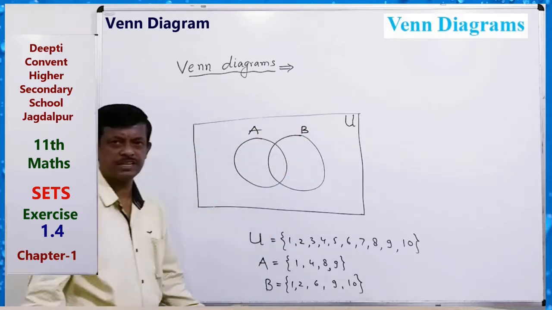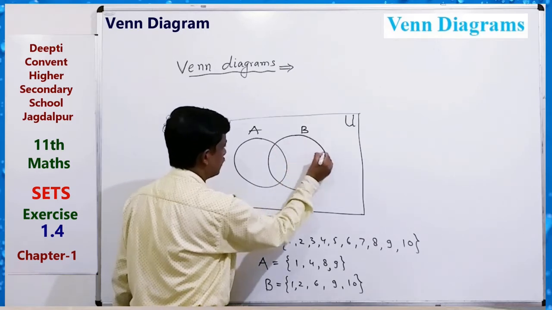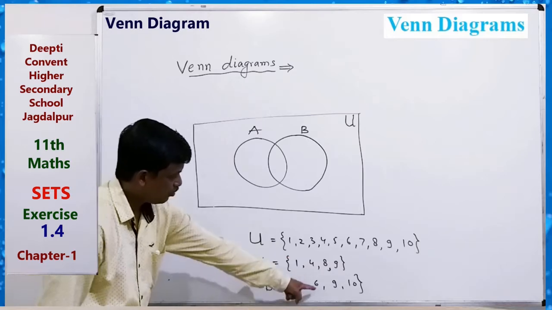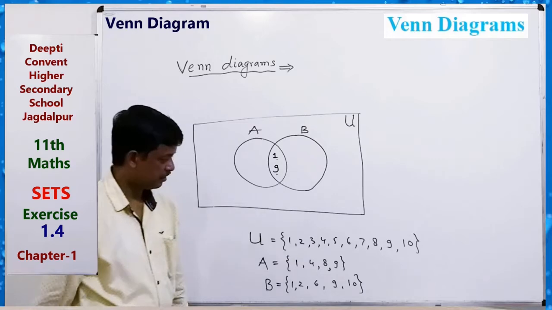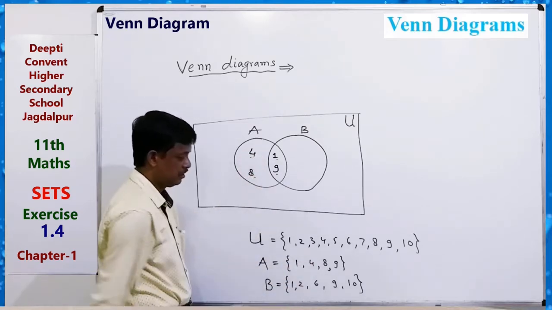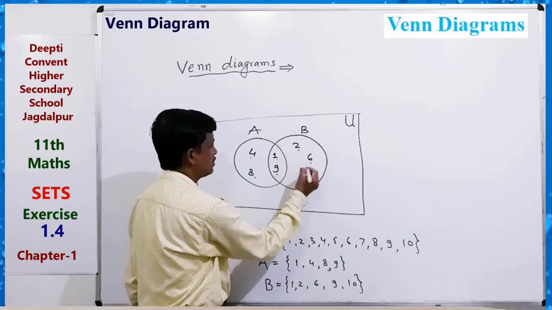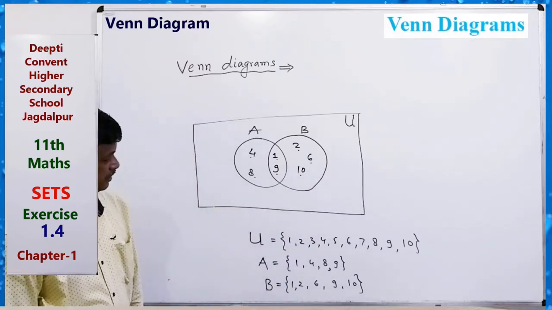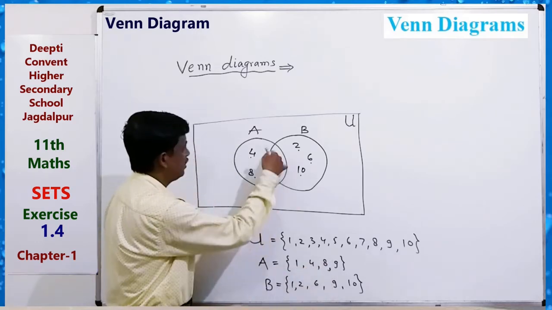These are two sets. So here 1 and 9 are common, so we can write 1 and 9. Then 4 and 8, and 2, 6, 10. Here 1, 9 are common.